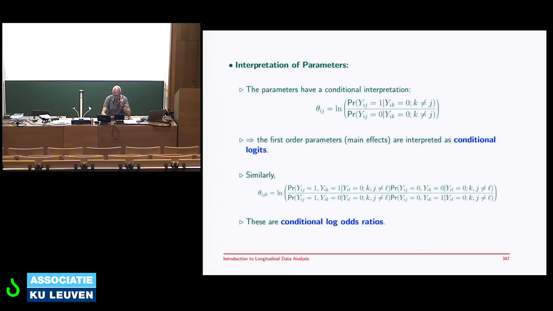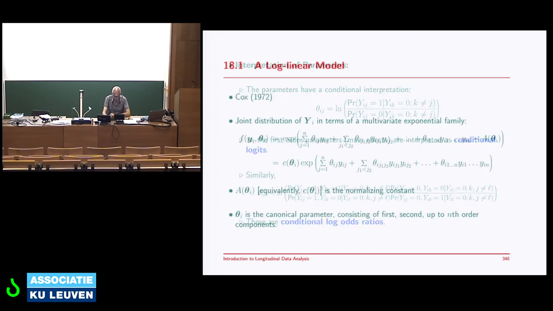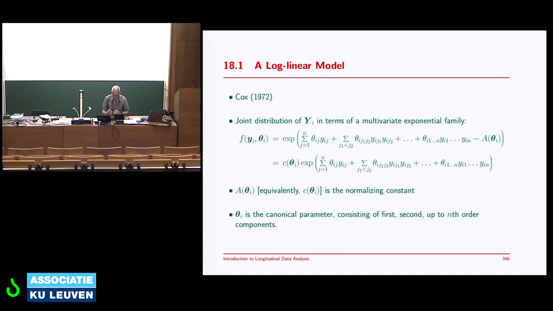Okay, the interpretation of the parameters is quite interesting because I call this a conditional model, but you see me conditioning nowhere on other parameters, on other outcomes, I should say. Well, a small side remark before we go on is here the normalizing constant is written as we call it additively.